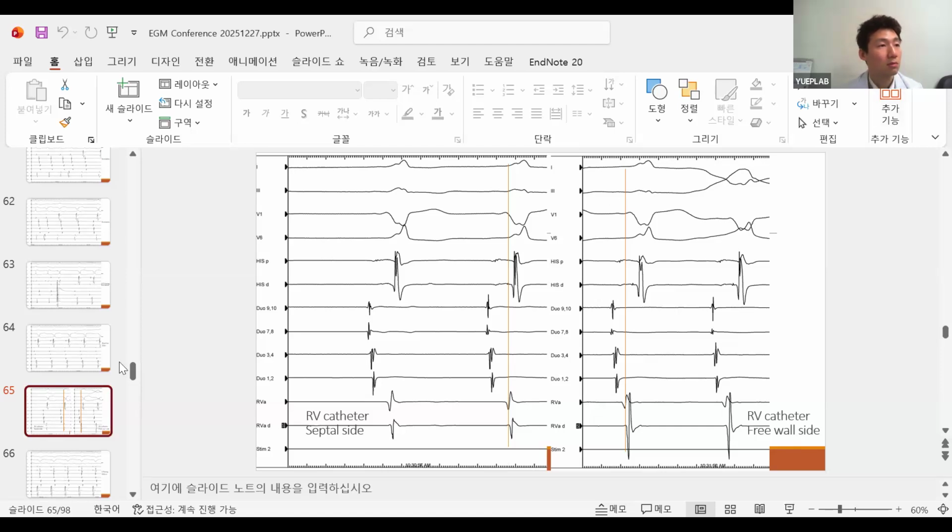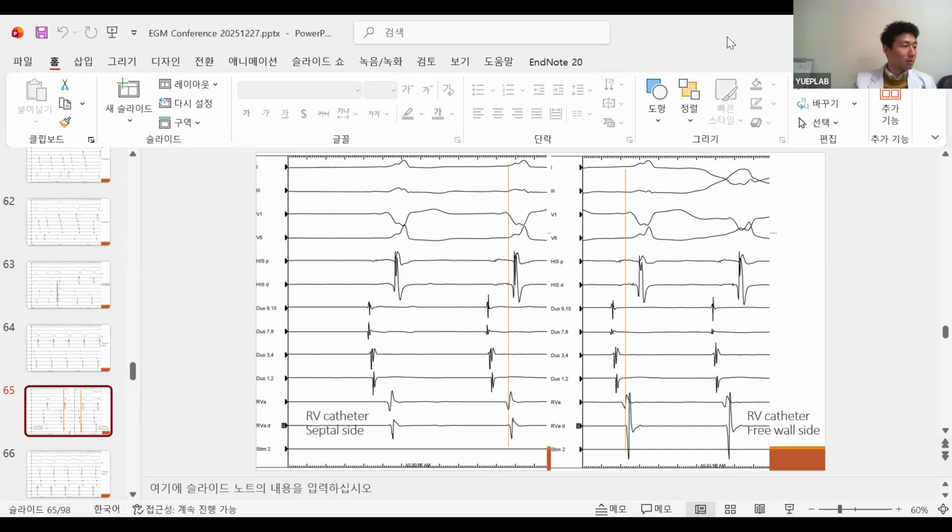Dr. Huang has a lot of experience with anteroseptal bypass tracts. Do you have any technique to make it better and safer? Not so many. I think you can guess the accessory pathway location from the surface ECG. So I recommend you place the catheter where you suspect the pathway location. Professor Park also recommended this.